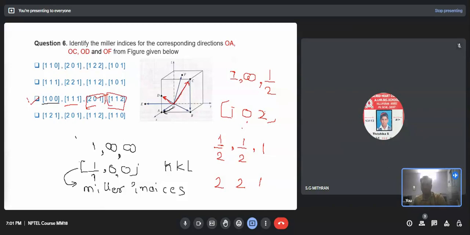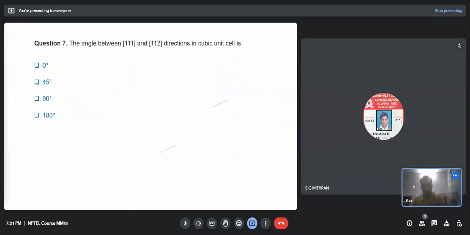Okay, we'll move toward the next question. Here we have to calculate the angle between the directions [111] and [11-2] in a cubic unit cell. First, we'll see what the formula is for this.